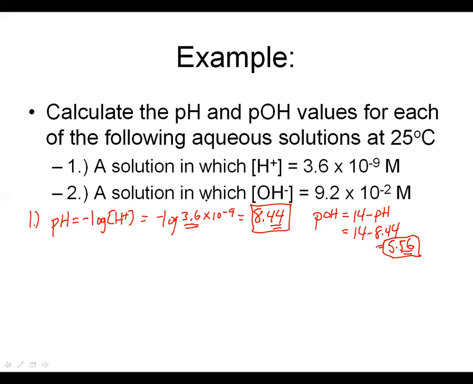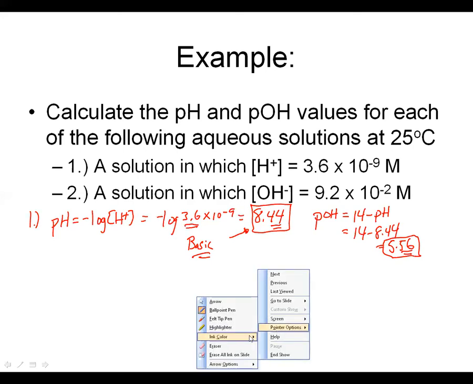So remember that the number of significant figures in the concentration will tell us how many decimal places we should take it to. Now, when we look at this to determine if it's acidic, basic, or neutral, we look again at the pH value. And we see that the pH value is above 7, which means this is going to be basic. Any questions on any of those calculations on that first one?